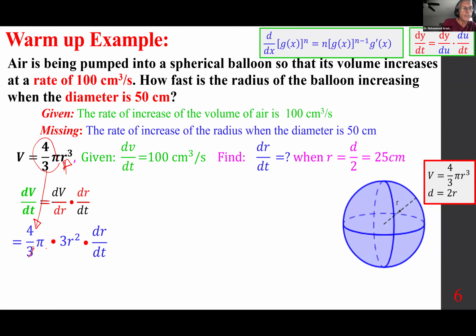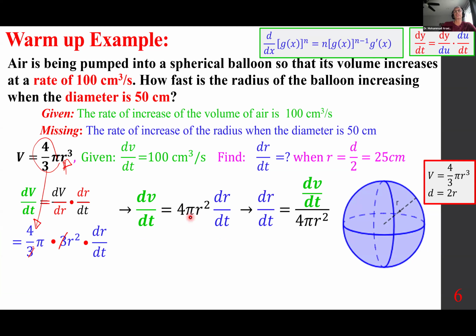And these two cancel each other. We get 4 pi r squared dr/dt. And all we have to do is either plug in and find the missing one, or say dr/dt is dV/dt divided by 4 pi r squared. Makes no difference. Either way is fine.